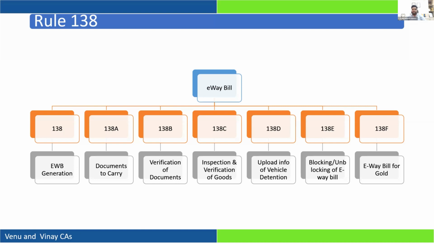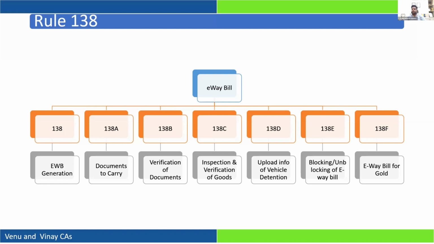Whereas rule 138D provides the facility to the transporter to upload the information if the vehicle has been detained for more than 30 minutes. I will discuss this later in detail. And rule 138E is the restriction on generation of e-way bill, that is, blocking or unblocking of the e-way bill.